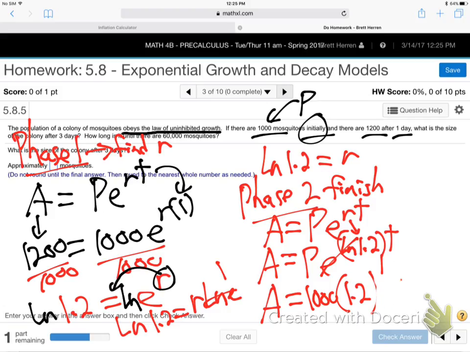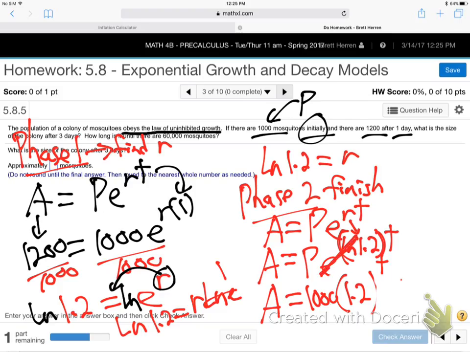Why did the t remain in the power, but the 1.2 dropped down? Because the 1.2 was plugged into the natural log function. He was in the toaster, right? The t was not. The t was like, I'm not part of that Ln thing, I'm just sitting next to it. That's why I put the parentheses, just to emphasize that the t is not in there. It's not in the toaster. It's not in the natural log function.